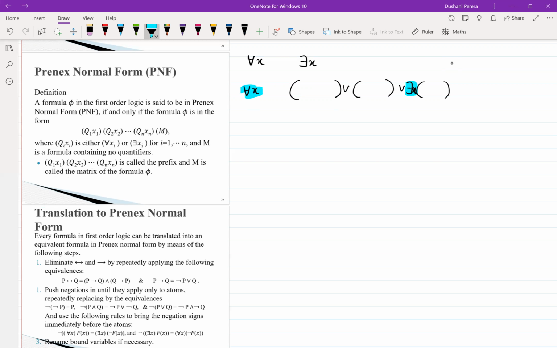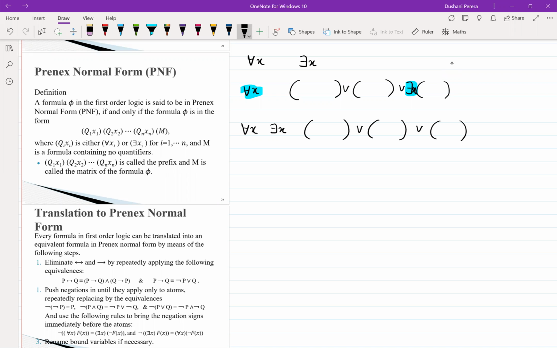Rather, you're going to take all of them to the beginning of the expression. You do it in a way that the order of the expression is not harmed, and then you arrange your clauses after the quantifiers.